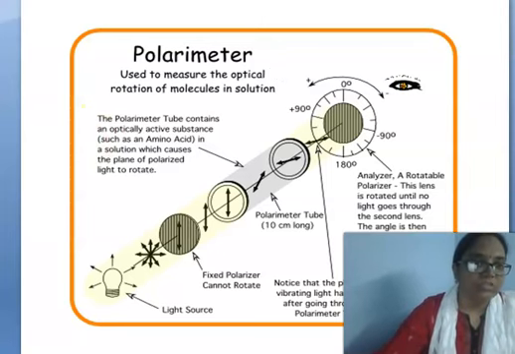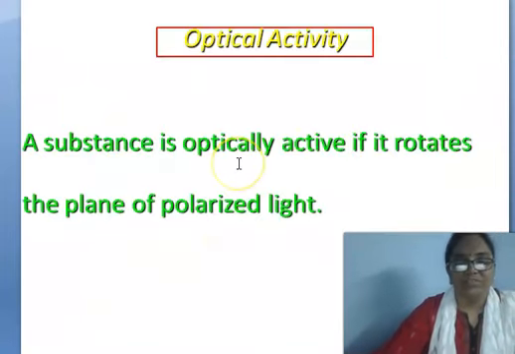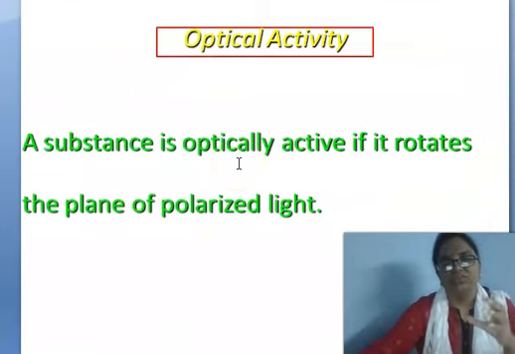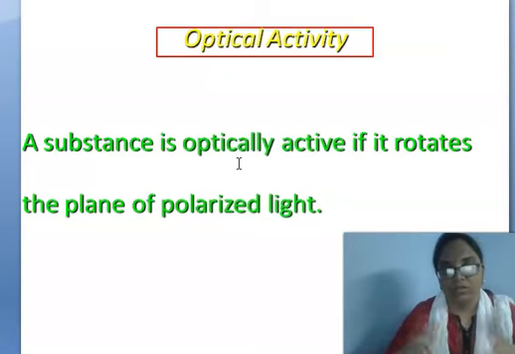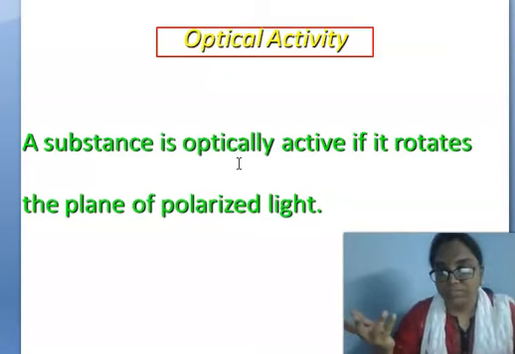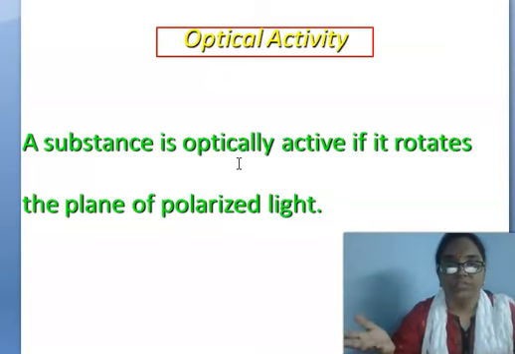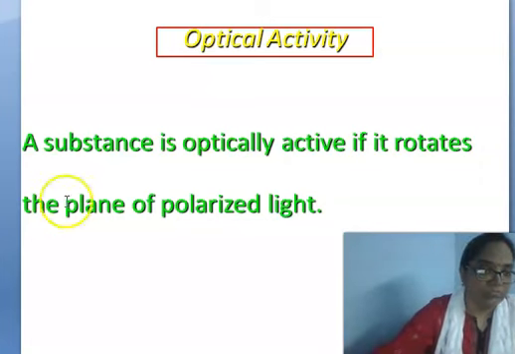Next, the definition of optical activity. When do we say a molecule is optically active? If and only if it has the tendency to rotate the plane polarized light. If it doesn't rotate the plane polarized light, it is called an optically inactive compound.